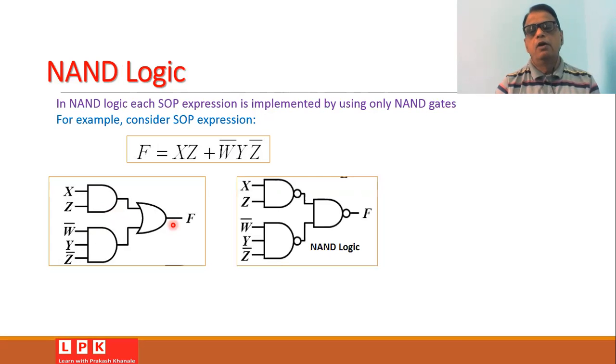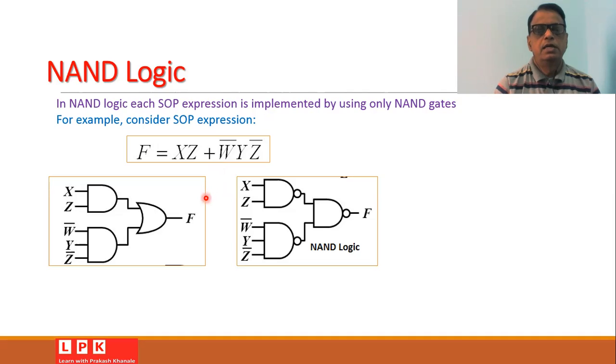Now in NAND logic, it is possible to replace this circuit by using only NAND gates. So the inputs are the same, X and Z to the first NAND gate. The second NAND gate will have the inputs W bar, Y, Z bar. The output of both the NAND gates is connected to another NAND gate, of which the output is F, which is nothing but XZ plus W bar Y Z bar.